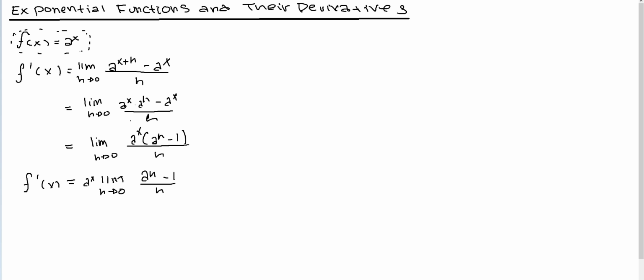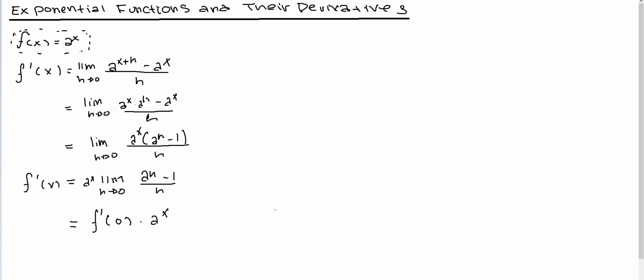Using our limit principles, we can take that value outside of the limit, and it is no longer affected by h approaching 0. This means our derivative is going to be f'(0) times a^x. So whatever this limit approaches, times our original a^x function.